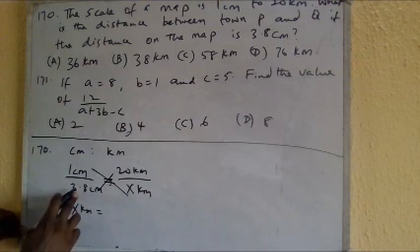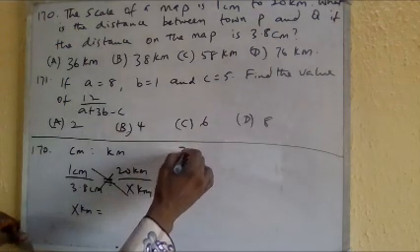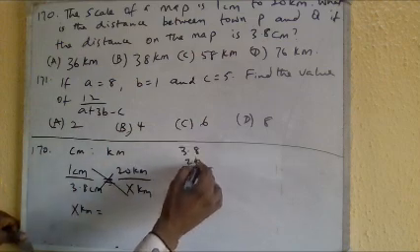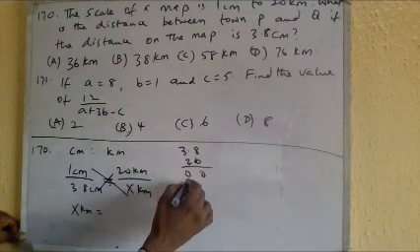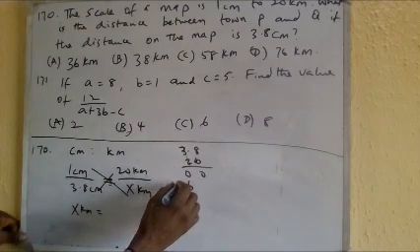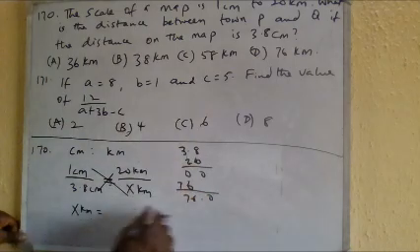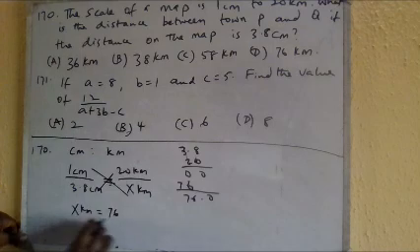Just do the math here. 3.8 times 20. 0 times is 0. 2 times 8 is 16. 2 times 3 is 6 plus 1, 7. So this is 76. So x kilometer is 76 kilometer. This is the answer here.